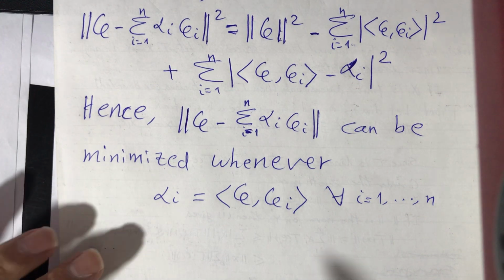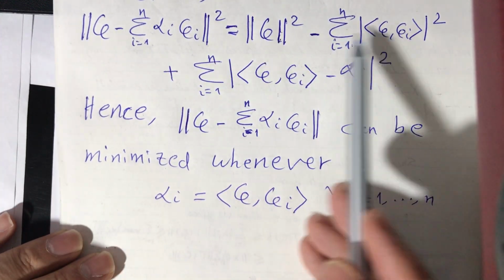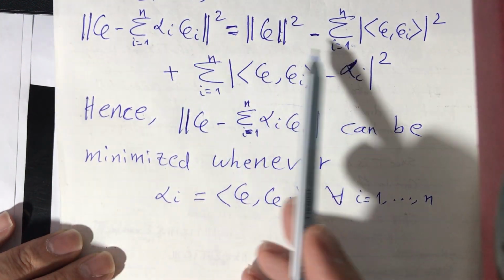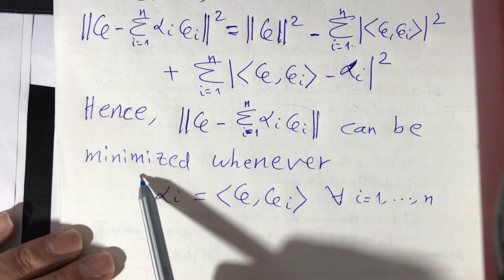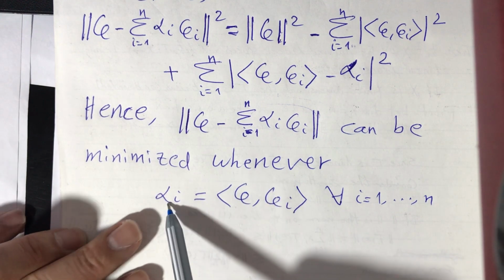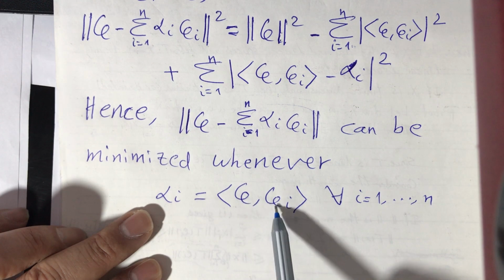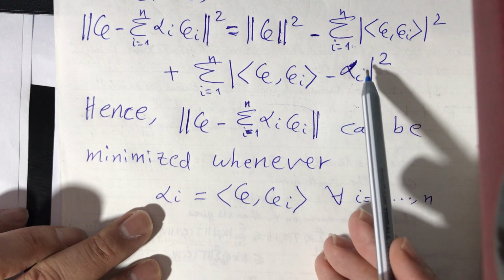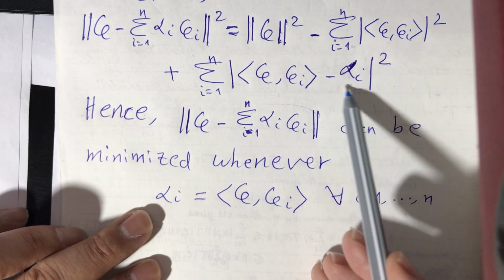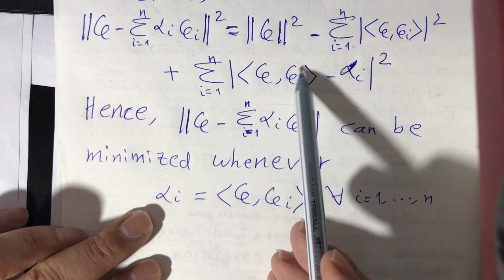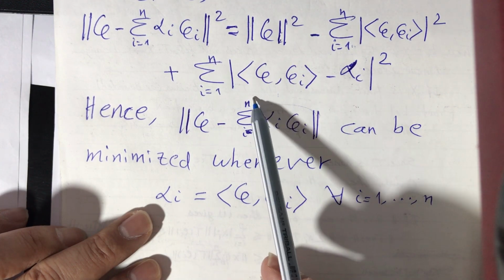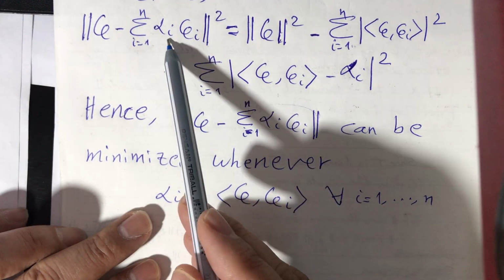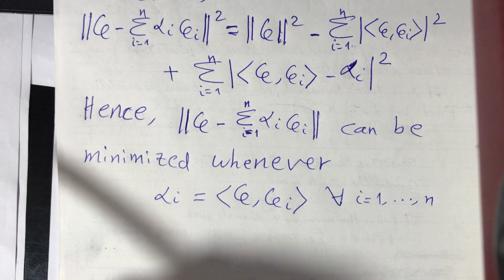This here is equal to this, and hence this can be minimized whenever alpha i is equal to this. So this will be 0. If this equals this, this will be 0, and this will be minimized.